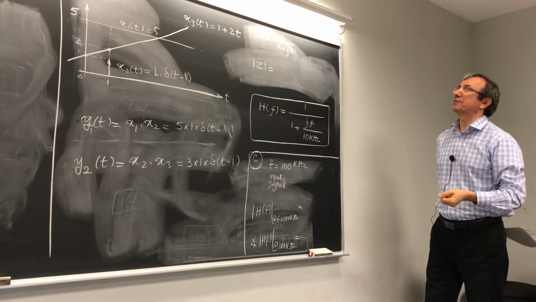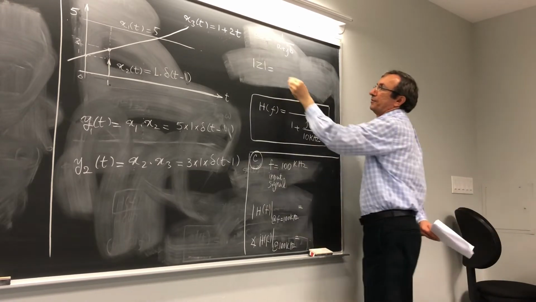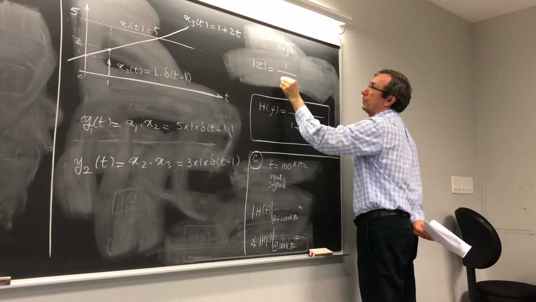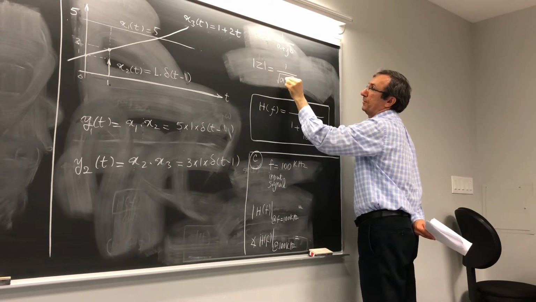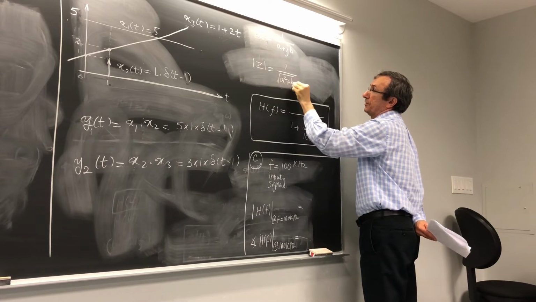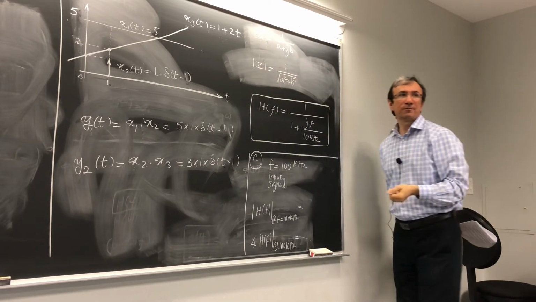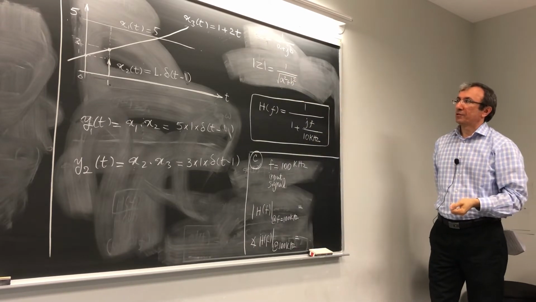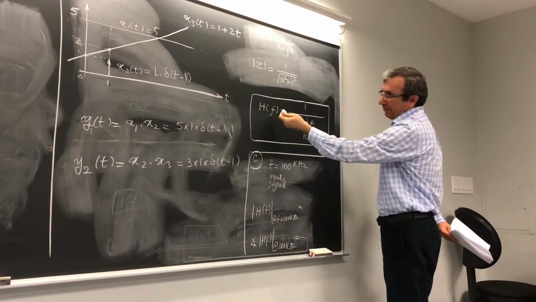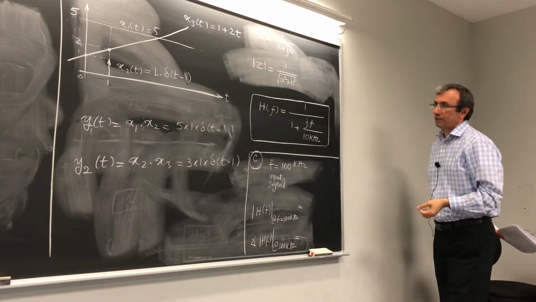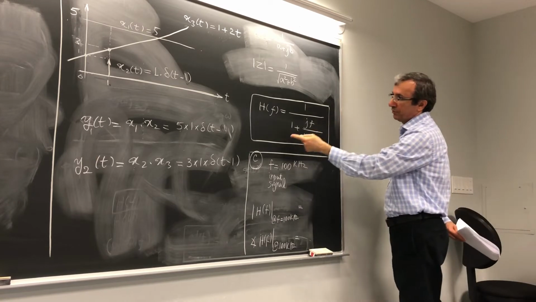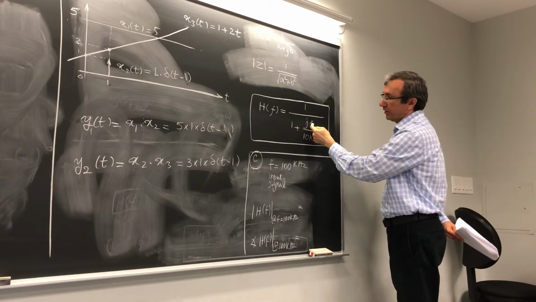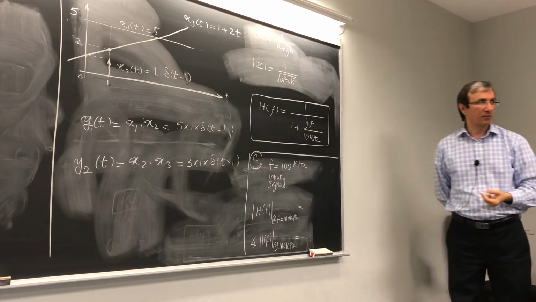What was the magnitude of a fractional complex number? 1 over square root of a squared plus b squared, right? So simply, the magnitude of the transfer function would be 1 over square root of 1 plus f squared over 10k squared.